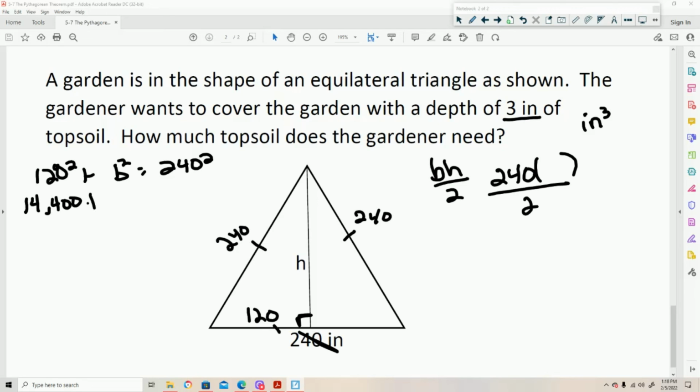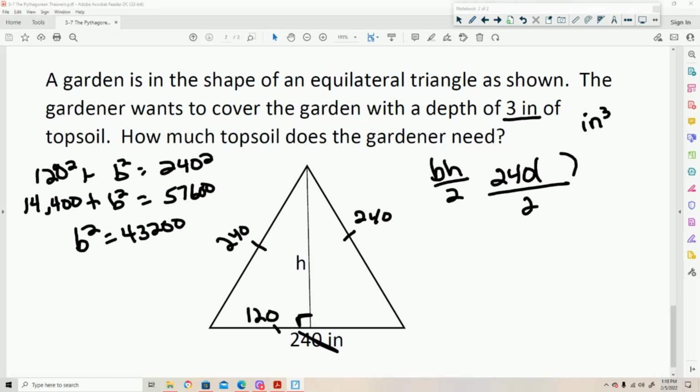We don't know what B is. 240 squared is 57,600. Now we're going to subtract, and when we subtract this from this, we get B squared is equal to 43,200.